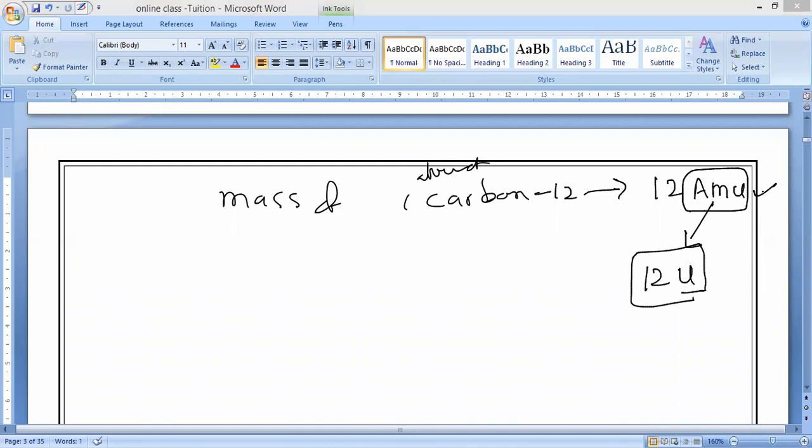So what do you mean by this carbon 12 atom? It has been assigned an atomic mass of exactly how many units? 12 units. Understand?